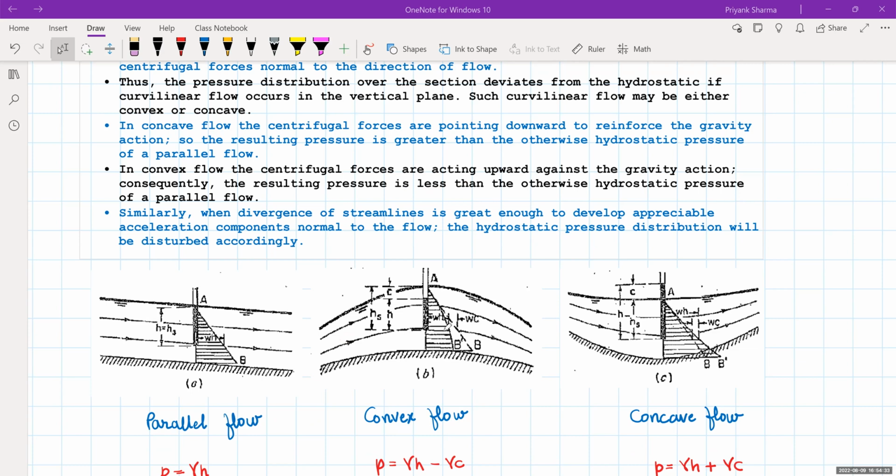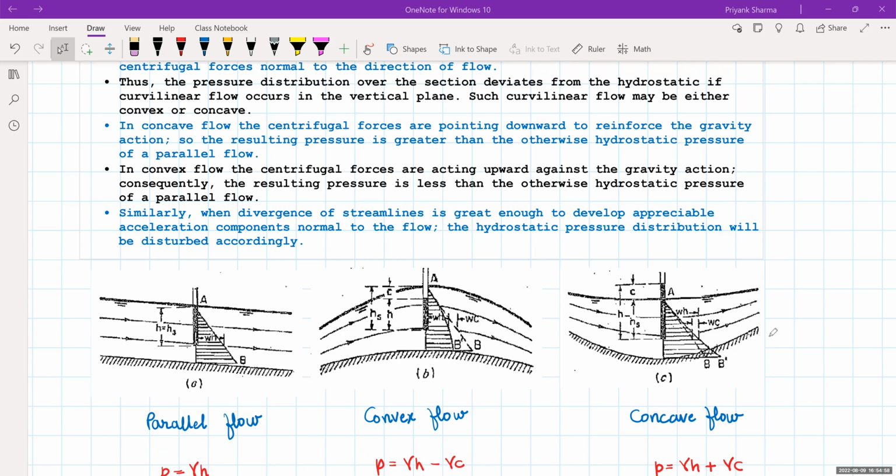On similar lines, when there is appreciable divergence of streamlines, then the acceleration components will be very significant, and the hydrostatic pressure will also be disturbed accordingly. So you also have to take care whether your flow is diverging. That aspect will also come into the picture to modify your pressure distribution.